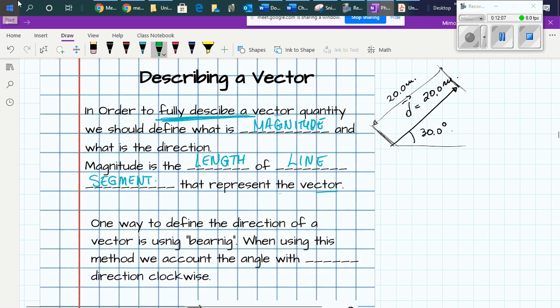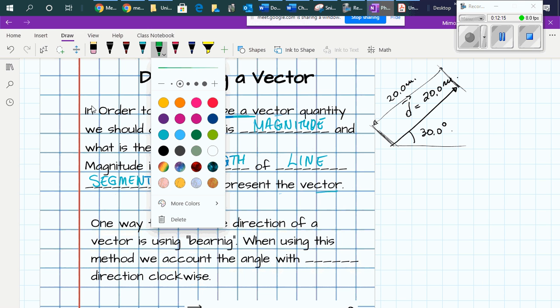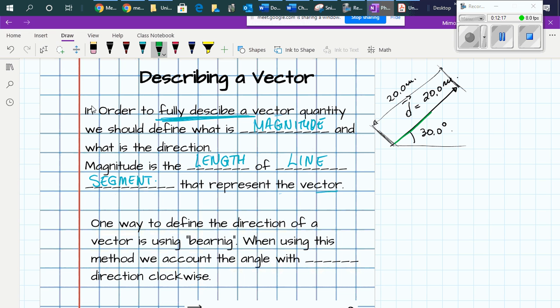Okay, so when we are saying that the magnitude is the length of the line segment, we are talking about what is the length of this line segment that represents the vector.